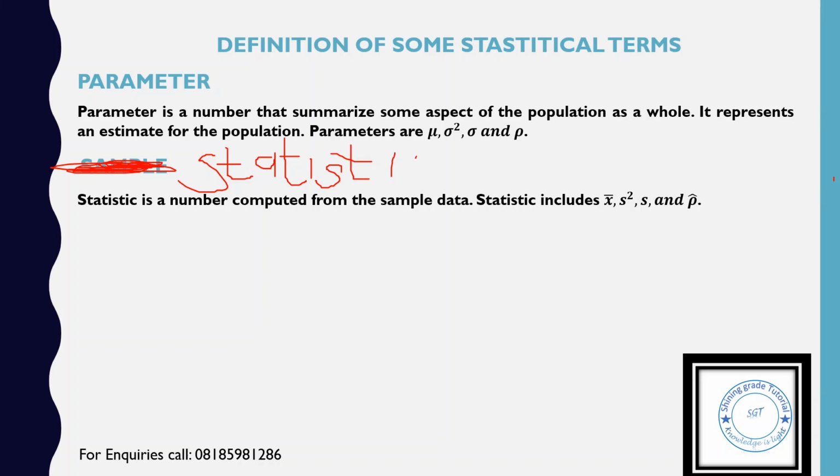A statistic is a number computed from the sample. It gives an estimate of the sample. So it summarizes an aspect of the sample. Statistics include the sample mean. Don't forget, it includes the sample mean.